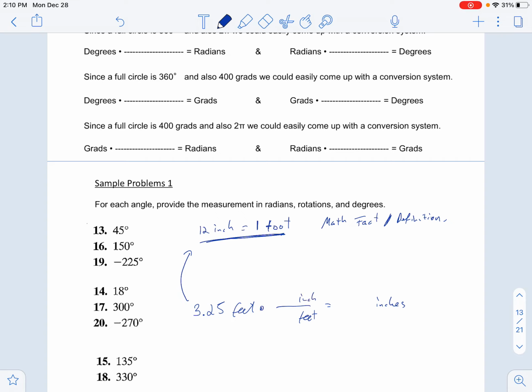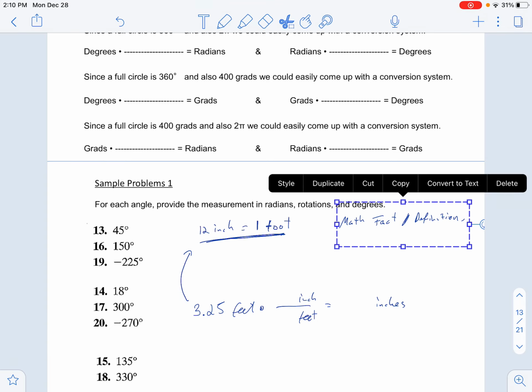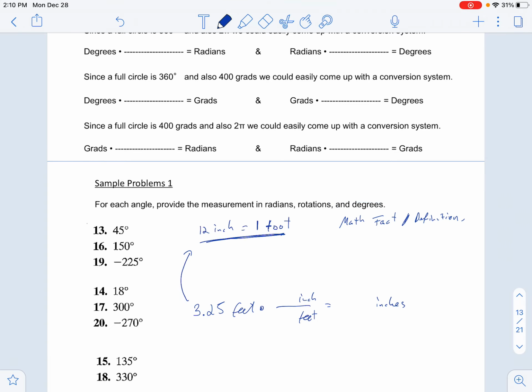Now, where do I get such a unit? Well, right here I have an equality between them. And all I need to do in this equality is divide it. So I'm going to divide this by 1 foot, and I'm going to get 12 inches divided by 1 foot equals 1.